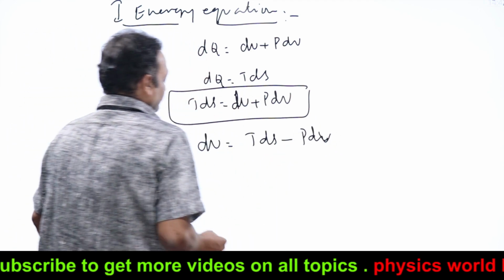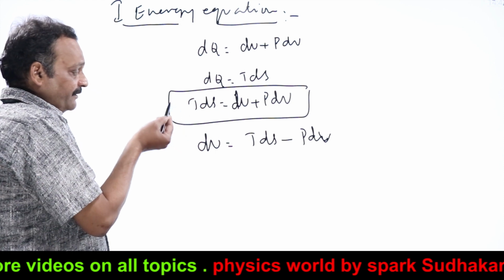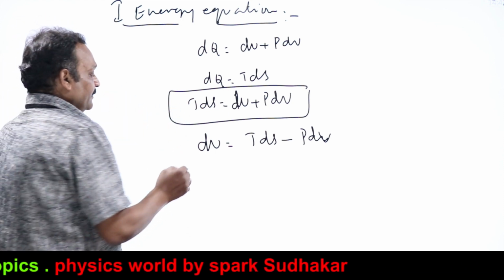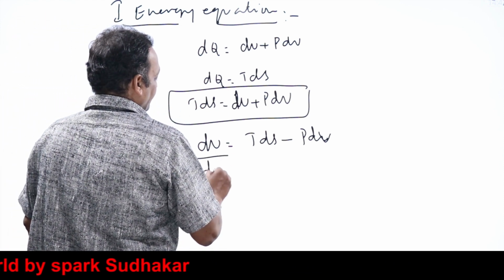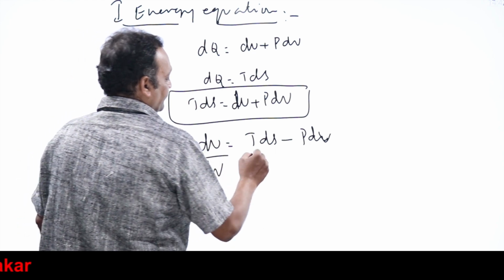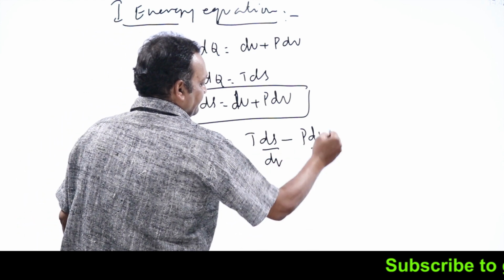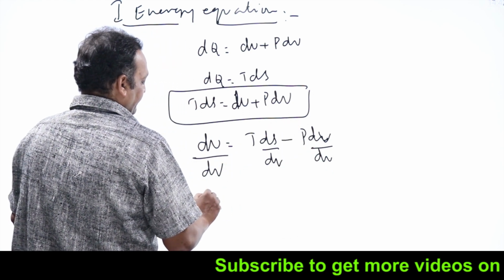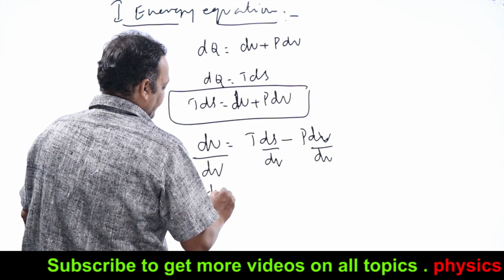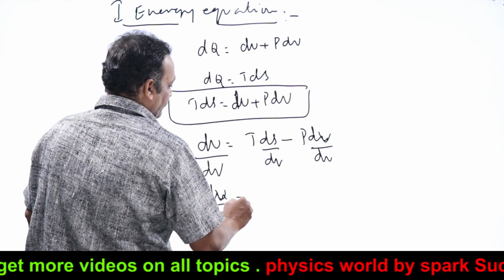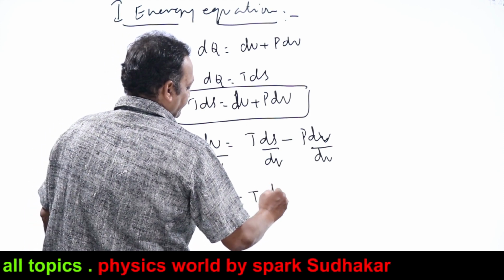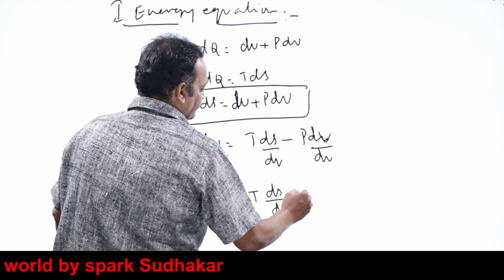Now I want to find out the change of internal energy with volume, so I'll divide by dv on both sides. du by dv equal to T ds by dv minus p dv by dv, and dv by dv is nothing but 1. So du by dv equal to T into ds by dv minus p.